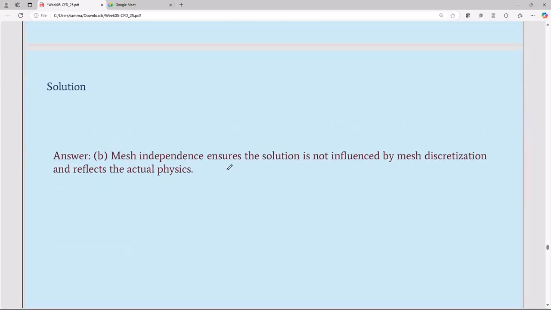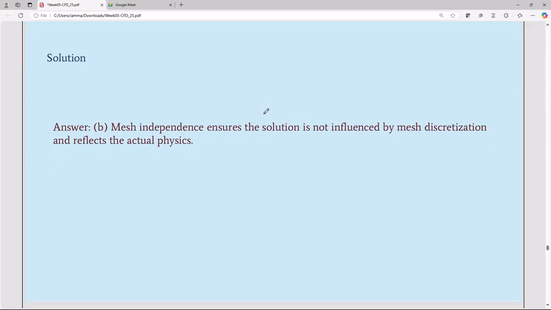What is mesh density? Mesh density means the number of elements in a unit volume of mesh. So increasing mesh density means increasing the number of mesh elements in that unit volume.